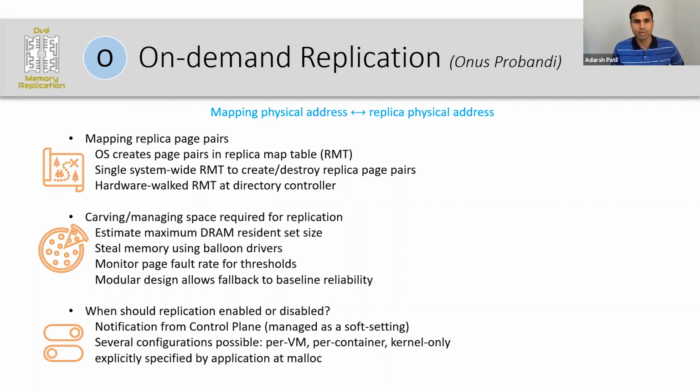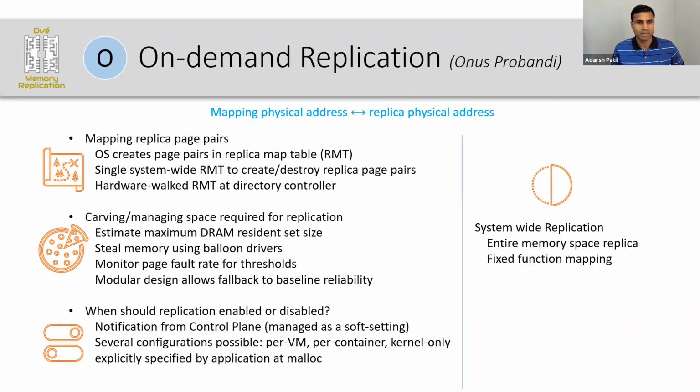Again, several deployment options are possible here, including enabling DWE at per-VM or per-container granularity or in a kernel-only setting. DWE's replication can also be explicitly specified by the application during the malloc call. Alternatively, DWE can be applied system-wide to replicate the entire memory address space. For this, a simple fixed function mapping can be used instead of the table-based mapping managed by the OS as discussed earlier.